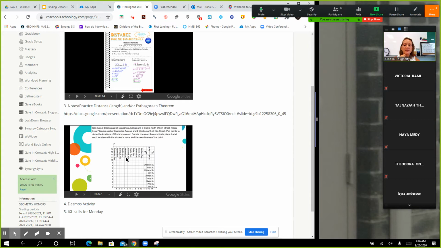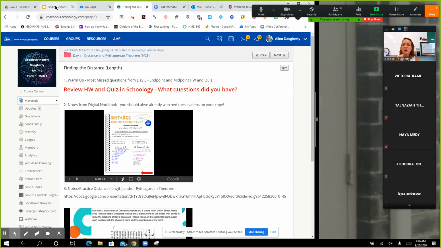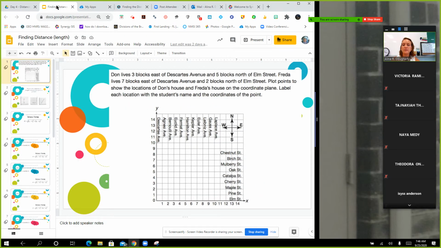I'm going to open this bigger so that we can all see it a little bit better. How would you plot this? If Don lives 3 blocks east and 5 blocks north, where would you put his dot?